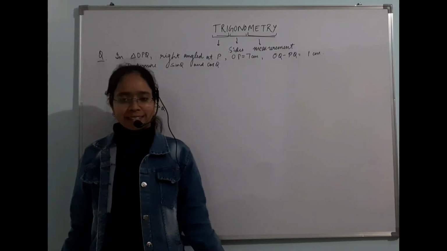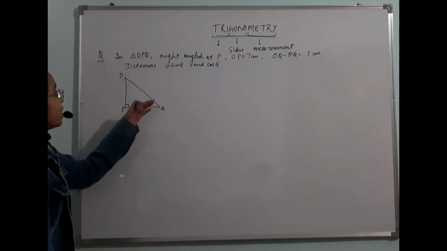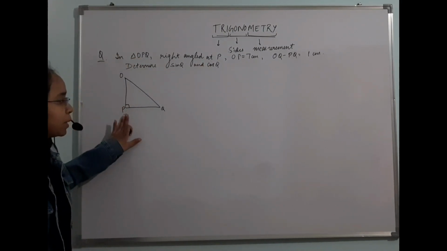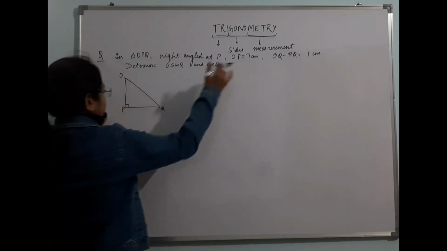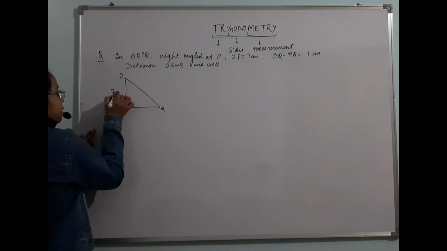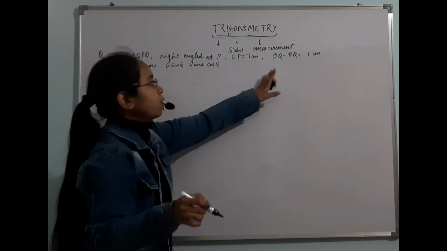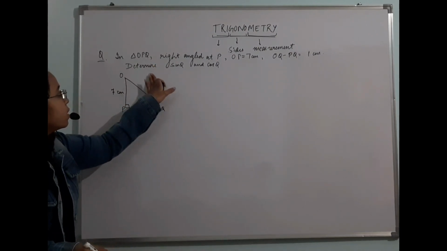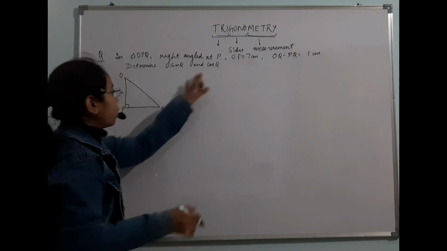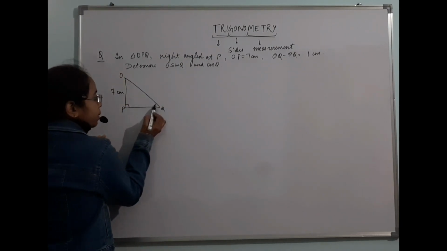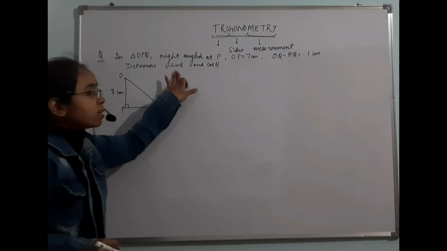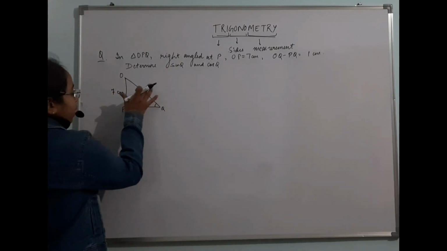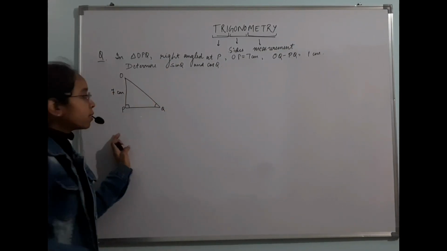Now, let's consider another question. We are given in triangle OPQ, right angled at P, OP is 7 cm, and OQ minus PQ is 1 cm. Determine sine of Q and cos of Q. So with respect to angle Q, we have to find sine Q and cos Q. So first of all, we have to find the measurement of the missing sides.